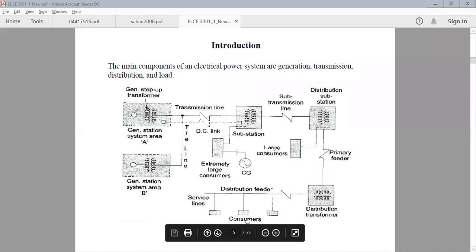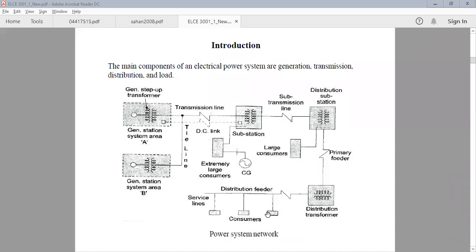Okay, the loads. We have different loads: either industrial loads or commercial loads. Industrial loads are high power induction motors, and they have high power.